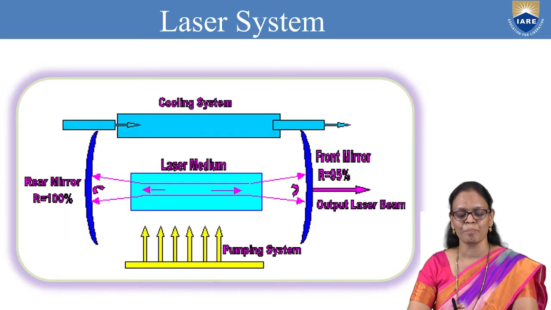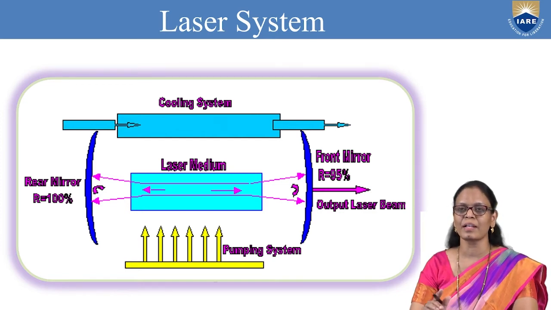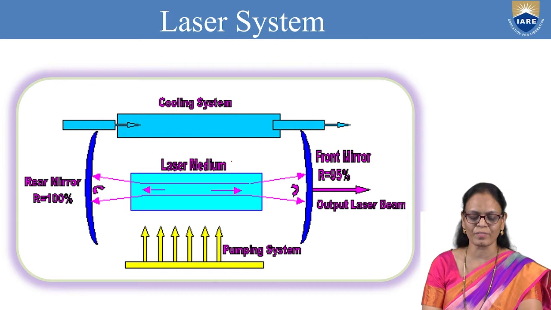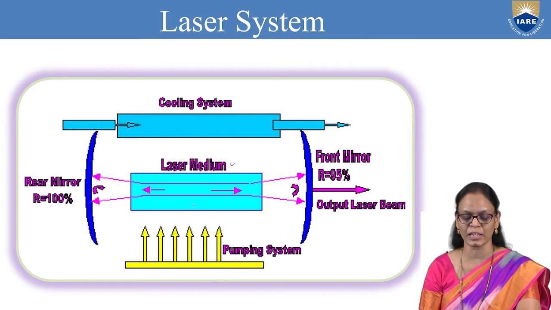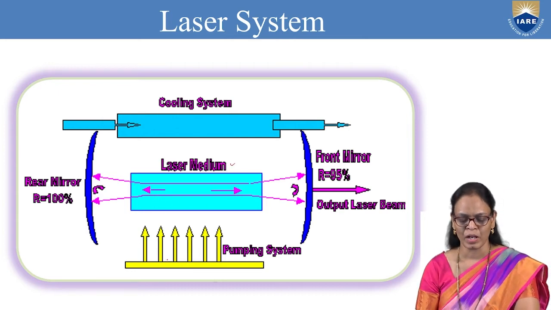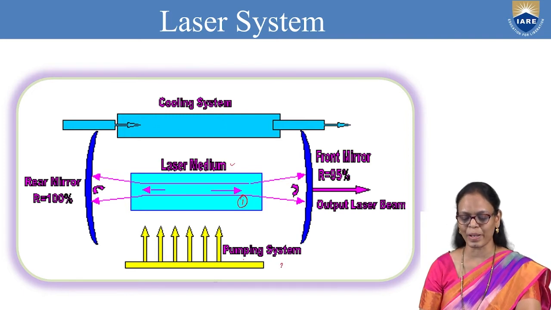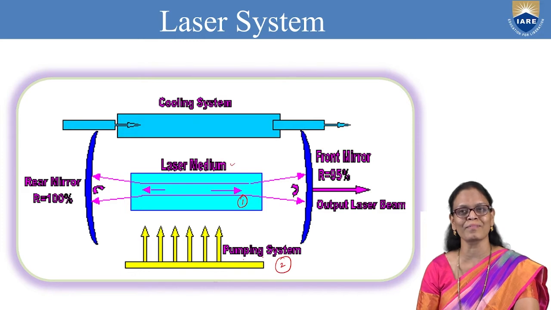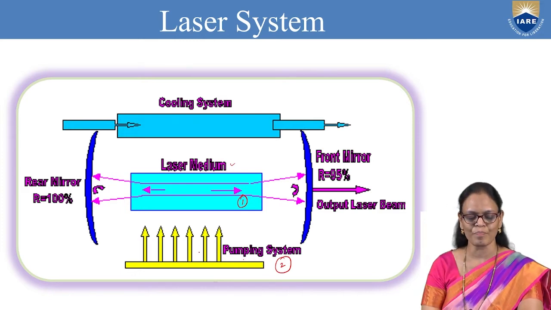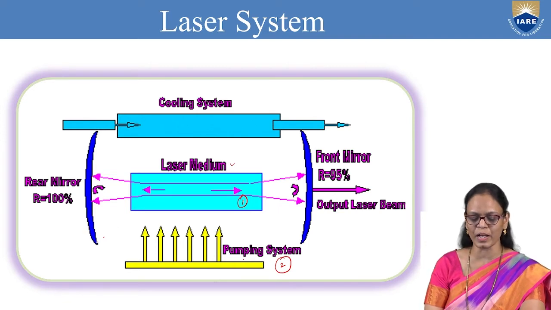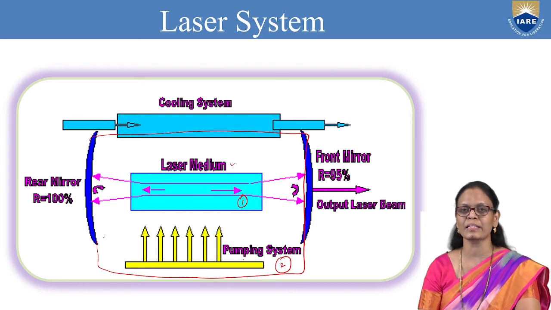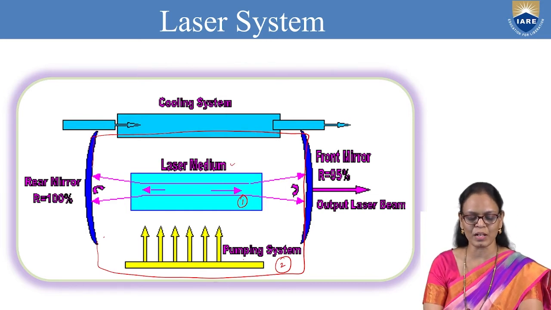Now this is the basic diagram, or I can say a block diagram, for a laser system, where you have the laser medium. The second one is the pumping mechanism, whatever mechanism we choose depending upon the laser. And the third one is the optical resonator cavity, which will have mirrors at both ends.